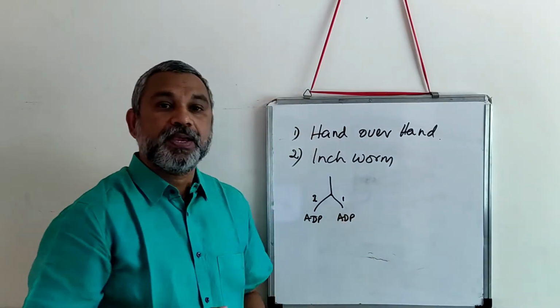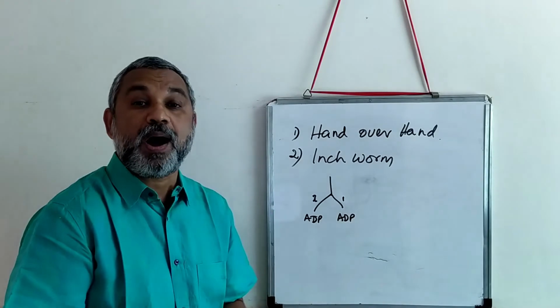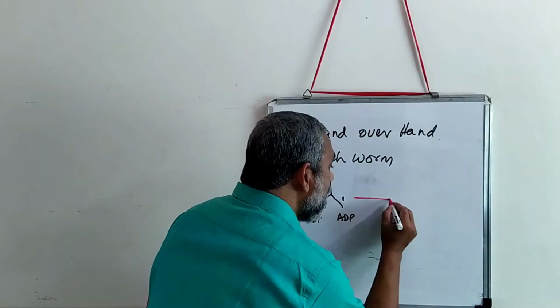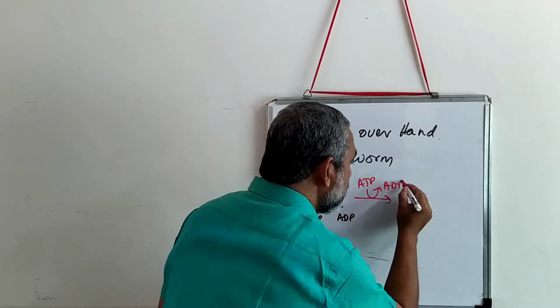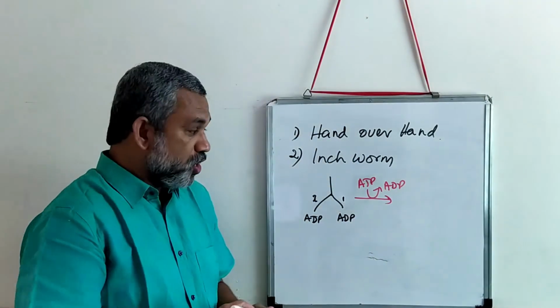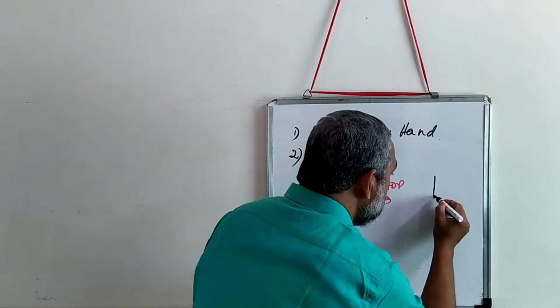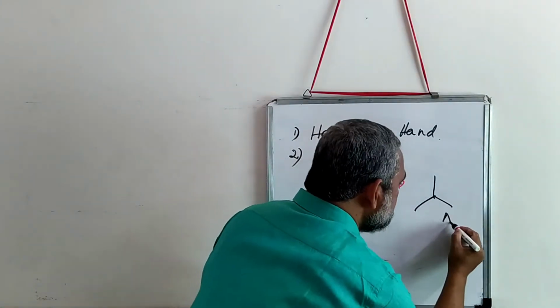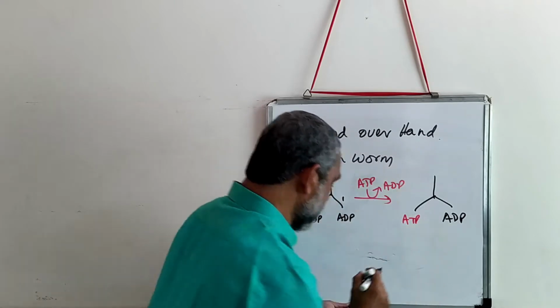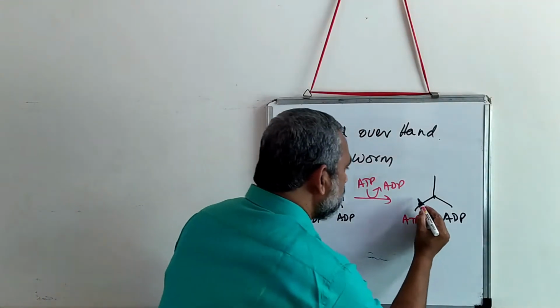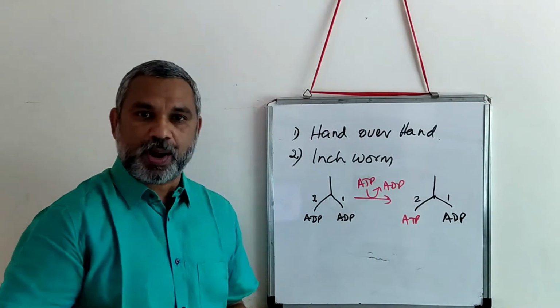In reaction number 1, one ADP is replaced by an ATP molecule. So one of the ADP is displaced, and you will now have an ADP and an ATP molecule. This is position number 2, this is position number 1.